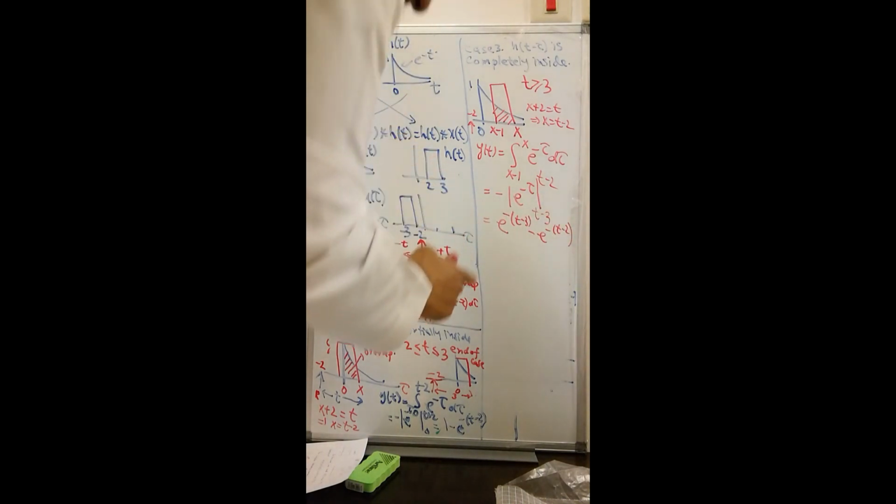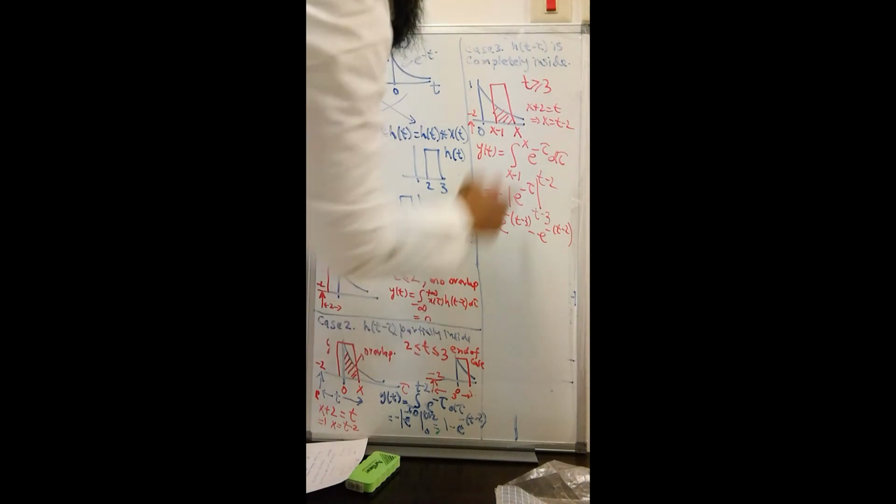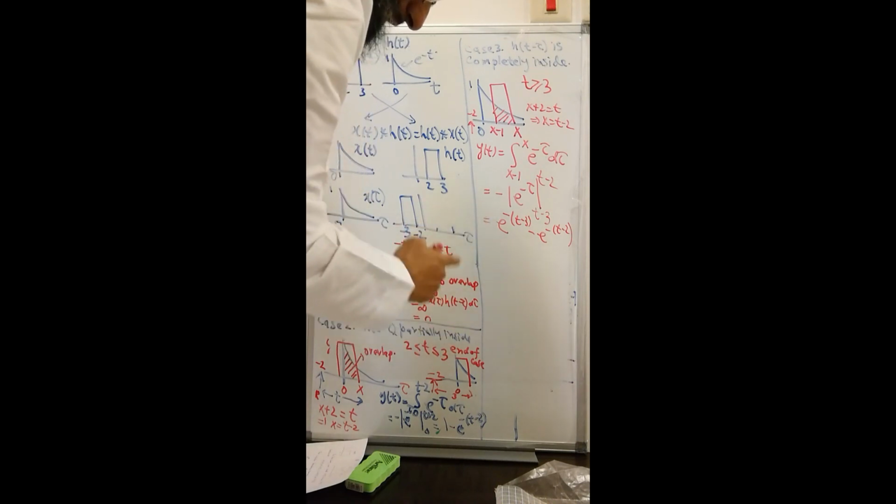Now there is a check: at the point of overlap, which is 3 in this case, both of them should give me the same value.